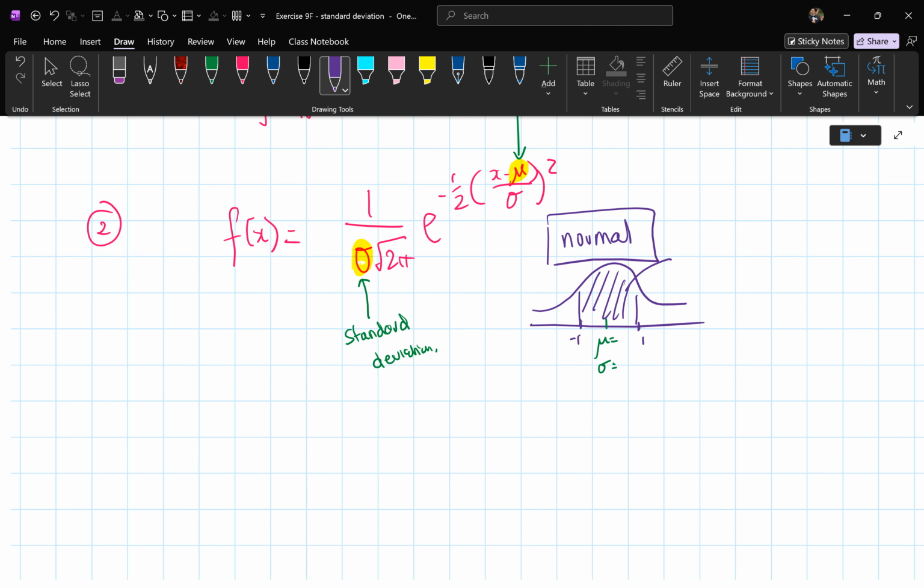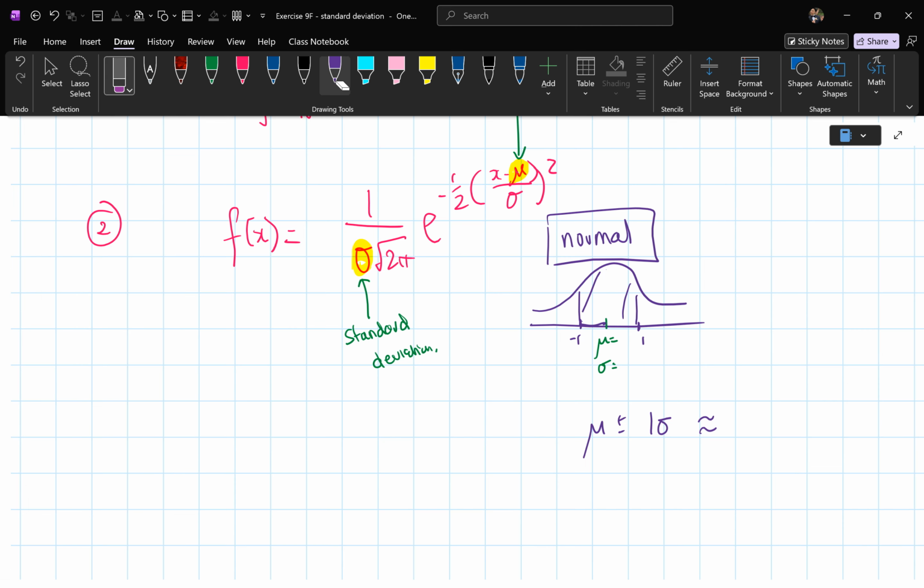Let's see who remembers this one, Rowan? Mean plus or minus one standard deviation is approximately how much? Sean? 68, very good.